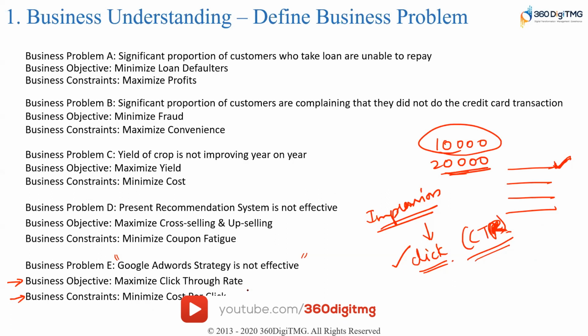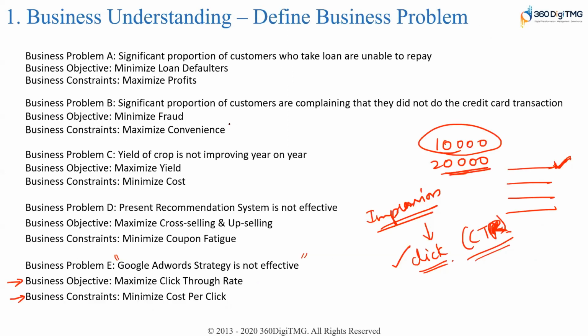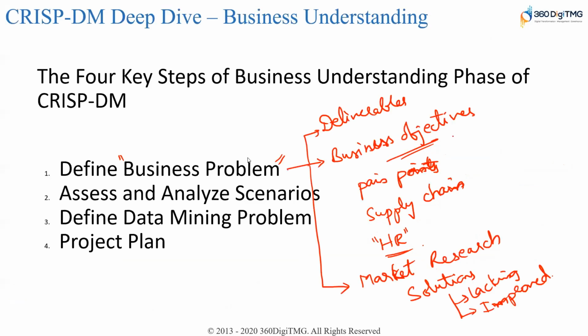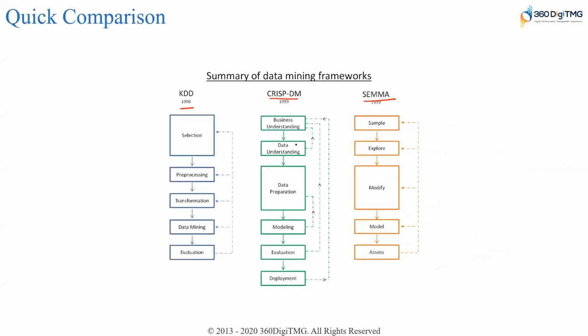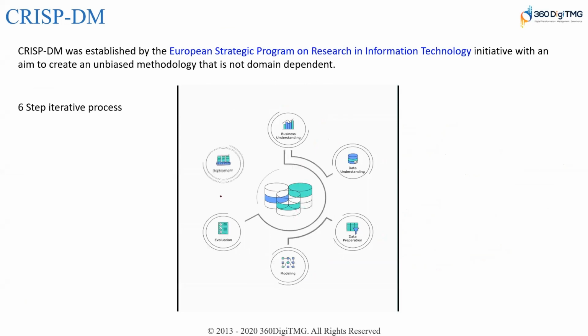Okay, so very, very important. Since this is clear, the next step is to assess and understand scenarios. Let me go back just to refresh your memory. In CRISP-DM, we have 6 steps, right? 1, 2, 3, 4, 5, 6.